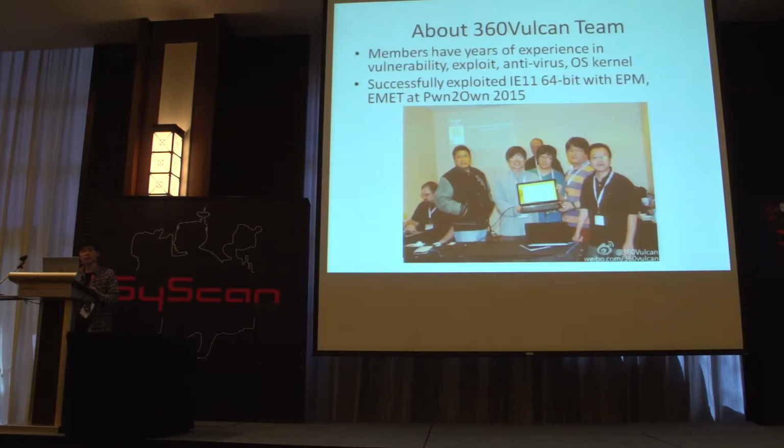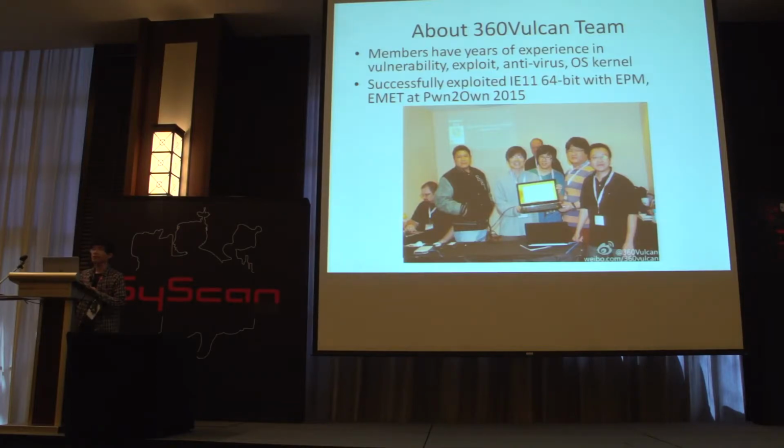I'm from the 360 Vulcan team, and basically we do system security research, and we have just successfully exploited Internet Explorer 11, the 64-bit with Enhanced Protected Mode, as well as the latest EMET tool.